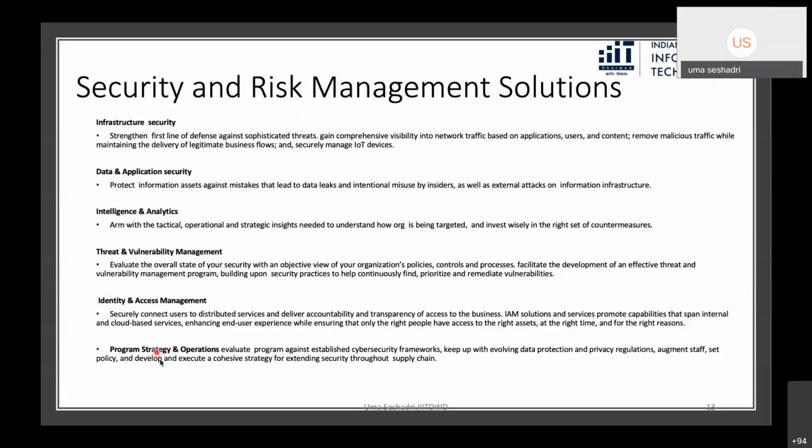And then finally you have the operational strategy: what operations you want to do, what programs you want to protect, whether you want to protect all the networks in your organization, or some of the networks are loosely connected, but still you do not have to worry at high priority. So this is the kind of strategy an organization has to define, and accordingly they segregate the network, segregate the system.